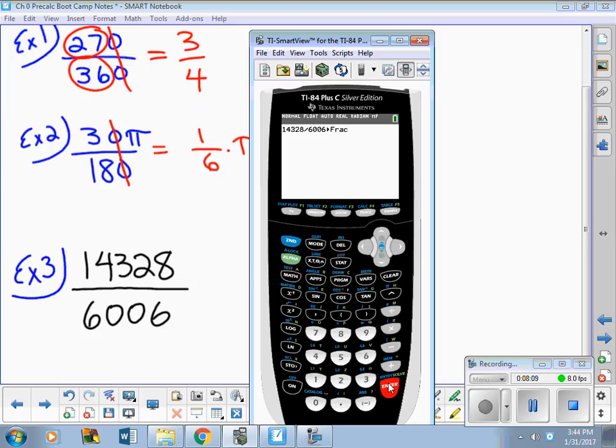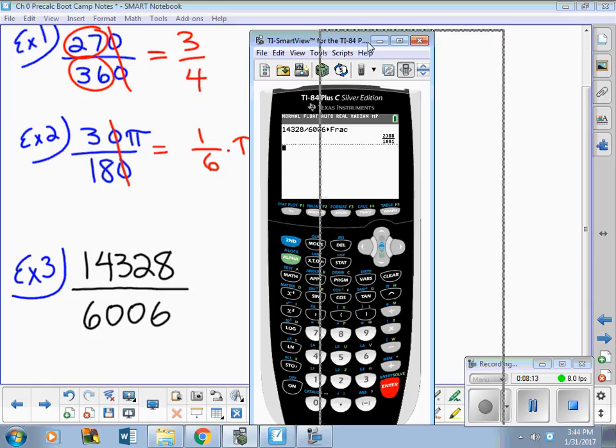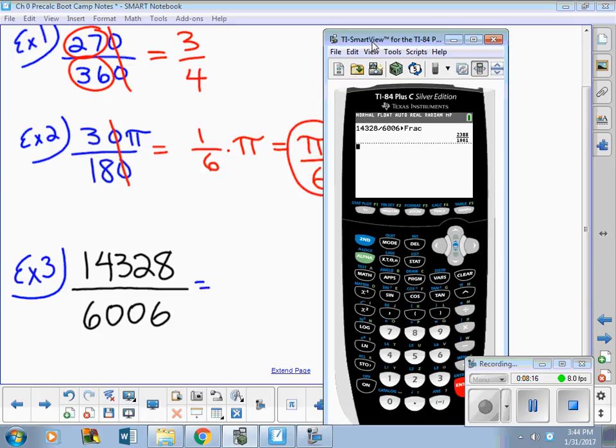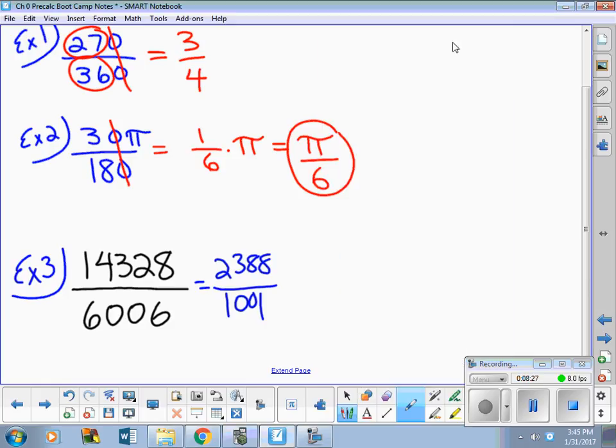And I just have to hit enter after I do that. Hit it twice, I guess. And our simplified fraction is there. 2388 over 1001. So your calculator can simplify all your fractions for you if you didn't know that already.